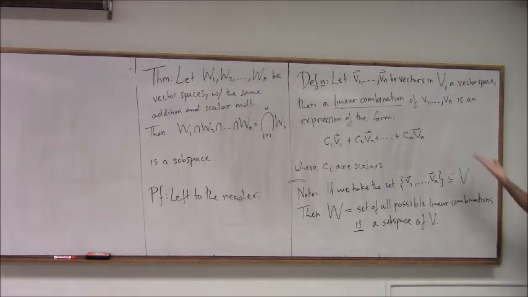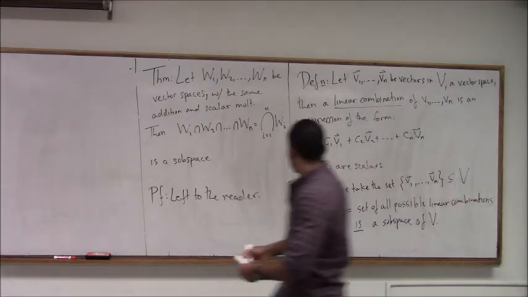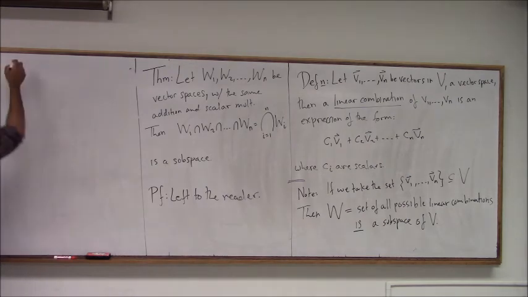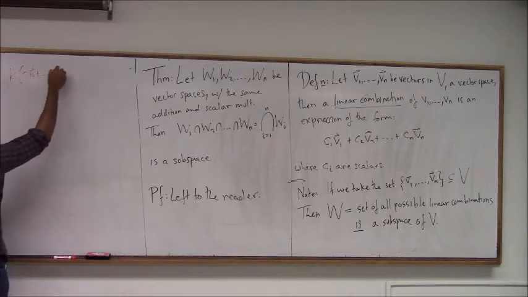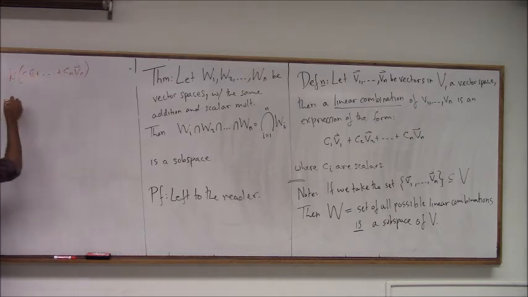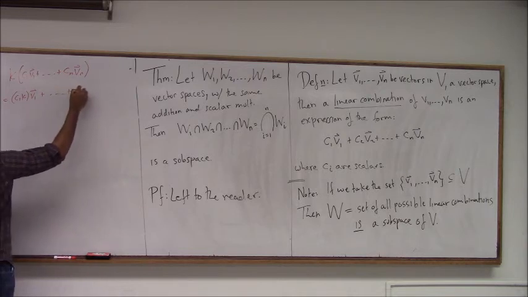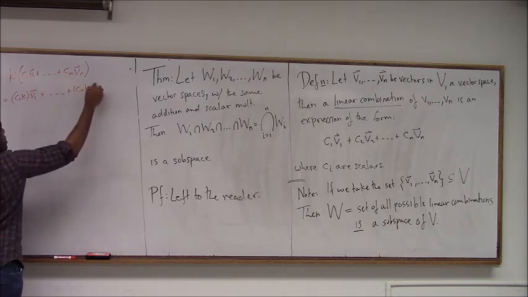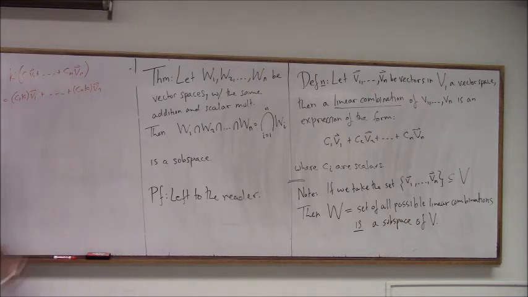If I look at something like k times (c1 v1 plus ... plus cn vn), then that is just equal to c1k times v1 plus ... plus cnk times vn, but that's just going to be a real number as well.